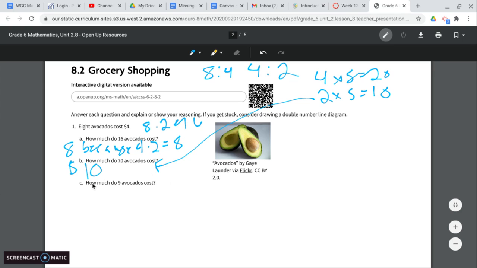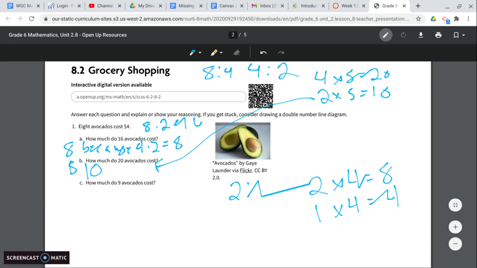So how much would 9 avocados cost? Once again, looking at equivalent ratios, our original ratio is 8 to 4. We changed that to 4 to 2 for part B. Well, we can take this even further down to another equivalent ratio, 2 to 1. So for this, 2 times 4 equals 8, so we're at 8 avocados. 1 times 4 equals $4.